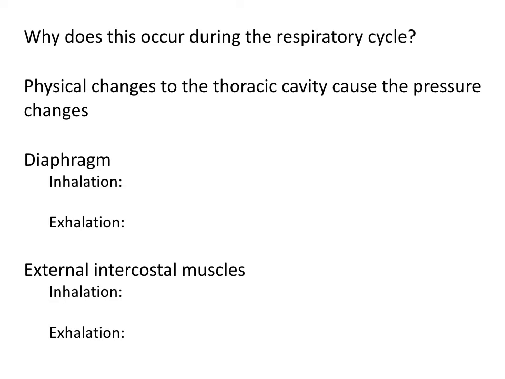You learned that the parietal pleura is attached to the inside surface of your thoracic cavity. So as your thoracic wall moves outward, the parietal pleura is pulled outward too. Now, that pleural fluid that you have between your parietal and visceral pleura creates a little bit of surface tension. And the surface tension holds the parietal and visceral pleura together.